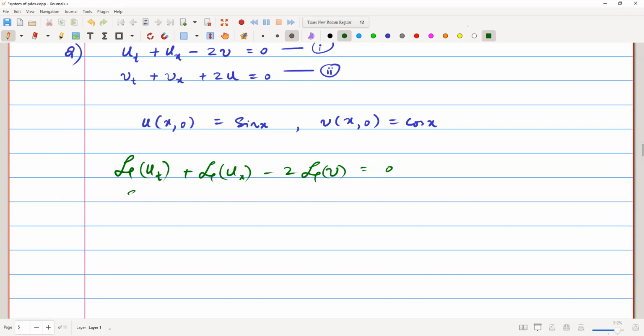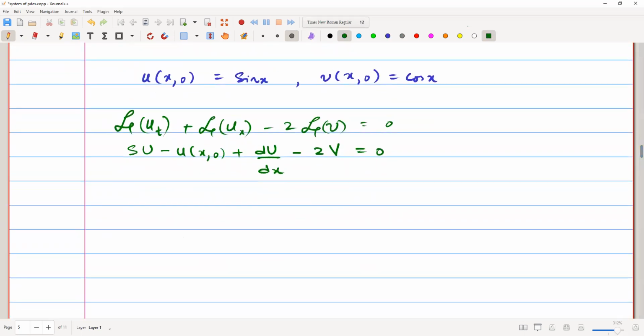So it's s ū - u(x,0) + dū/dx - 2 v̄ = 0. And if you plug in the initial condition, u(x,0) is sin x, we get s ū - sin x + dū/dx - 2 v̄ = 0. Name it as equation number 3.